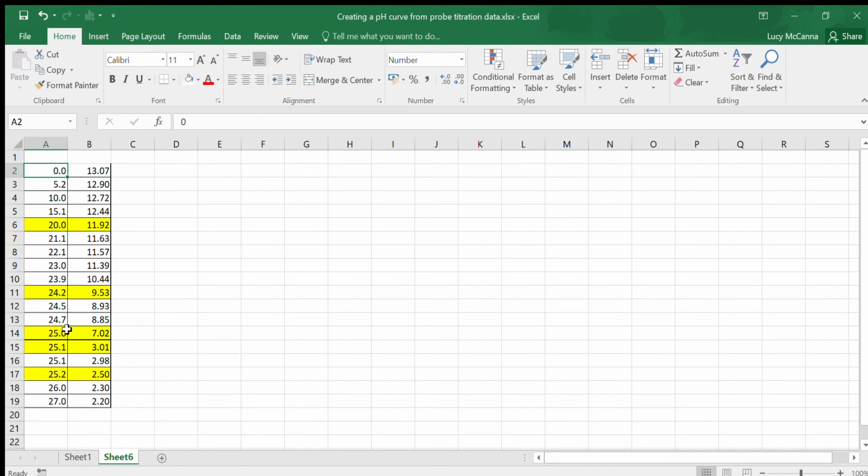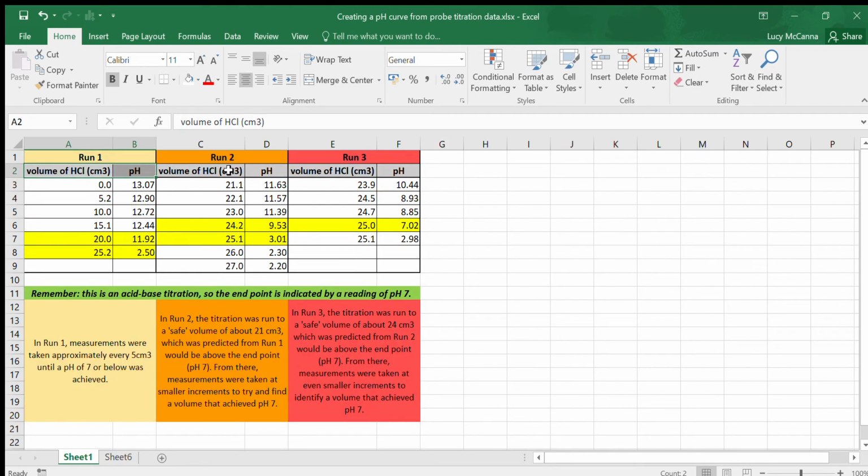What I would like to point out is that you will get some of this going on. For example, I had two readings at 25.1 ml, and they were close but not exactly the same value. Don't worry about that, keep them in. It's all going to average out in the end.